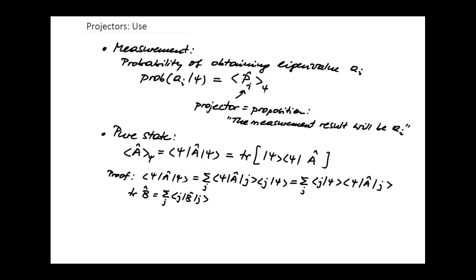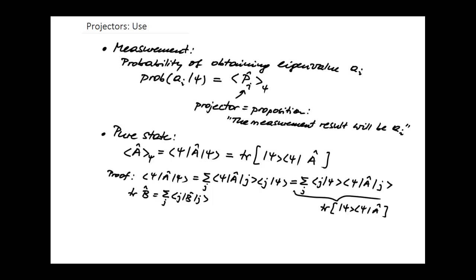Now when you look at the expression on the right-hand side, it has precisely the form of a trace. We have the sum over j, then something in the middle, and on the right we have a ket j again. So what's written here is nothing but a trace, namely the trace over what's in between the two j's. It's the trace of |ψ⟩⟨ψ|A.